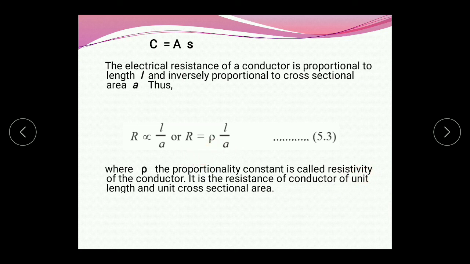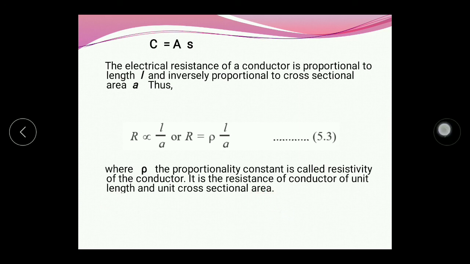Then, if you want to define rho, how can we define it? Resistivity can be equal to resistance when L is equal to 1 and A is equal to 1, or we can say unit length and unit cross-sectional area. If we take these two factors as 1, then rho will be equal to R. So we can define resistivity as the resistance of a conductor of unit length and unit cross-sectional area.